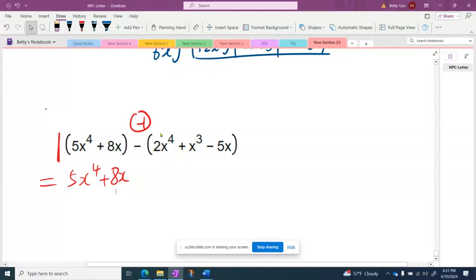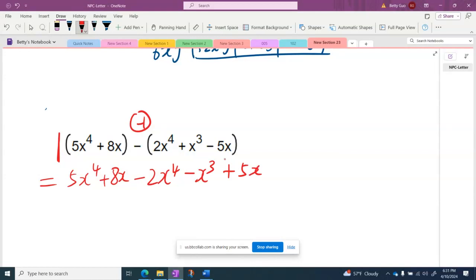So 2x^4 is positive. After we remove the parentheses, it's going to become negative 2x^4. Positive x cubed becomes negative x cubed. Negative 5x becomes positive 5x. They become their opposites. And now let's see, do we have anything to combine?